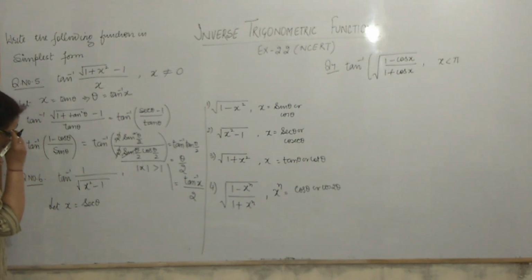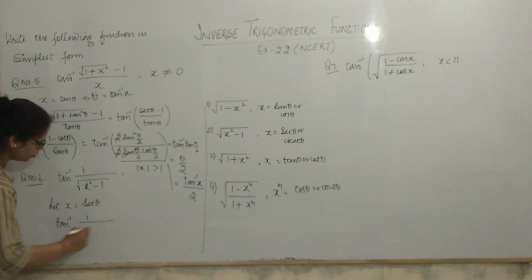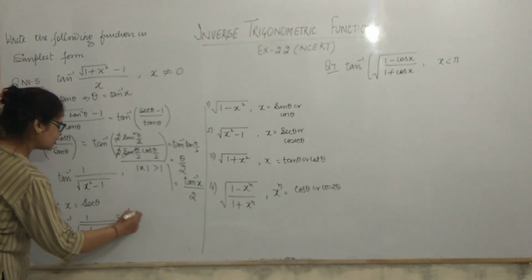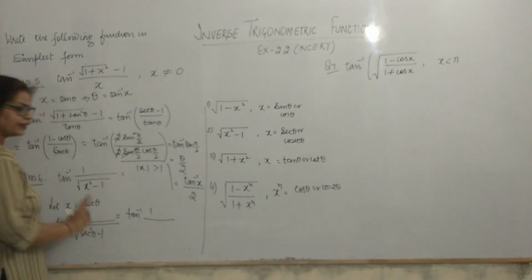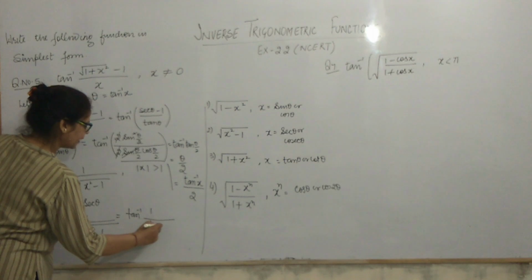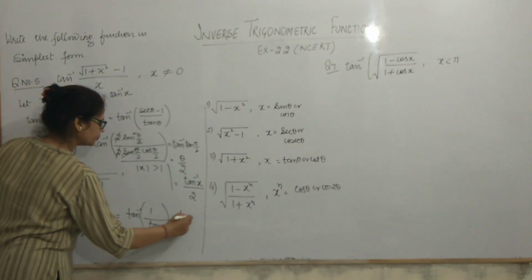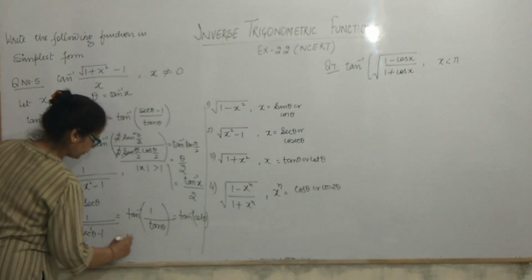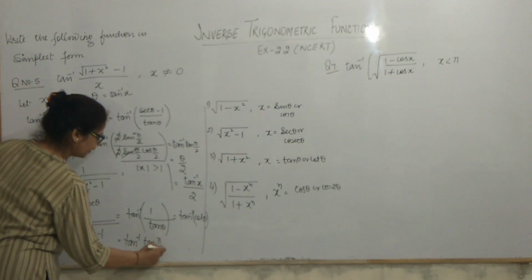x is equal to sec theta. Tan inverse of 1 upon square root of sec square theta minus 1. You know very well, sec square theta minus 1 is tan square theta, so this is tan theta, right? And 1 upon tan theta is cot theta. You know, tan inverse tan of 90 minus theta.